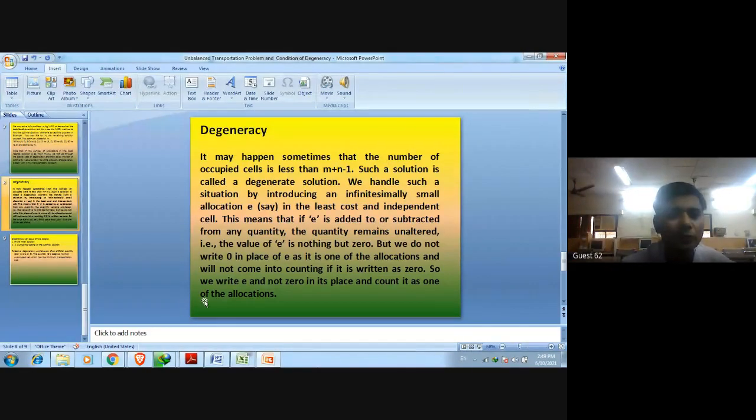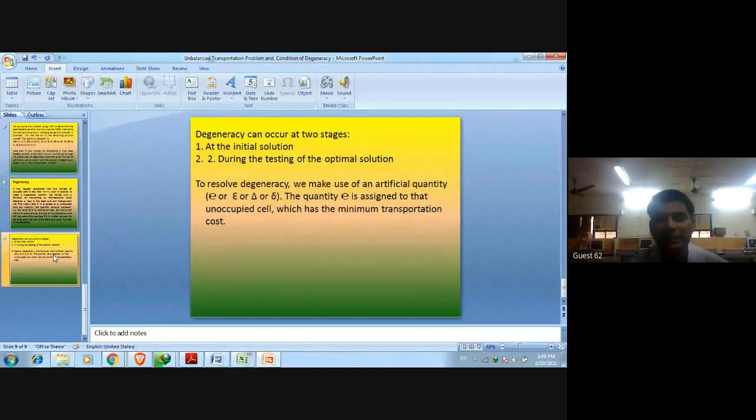Next, what are the conditions for degeneracy? Degeneracy can occur at 2 stages. The first one is at the initial solution, means when you find the initial feasible solution. You will check whether the condition of m plus n minus 1 allocations exists or not.